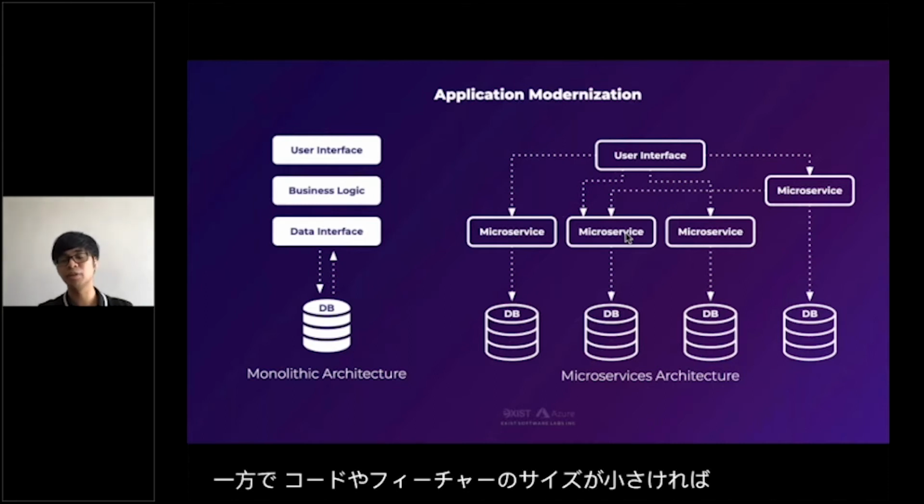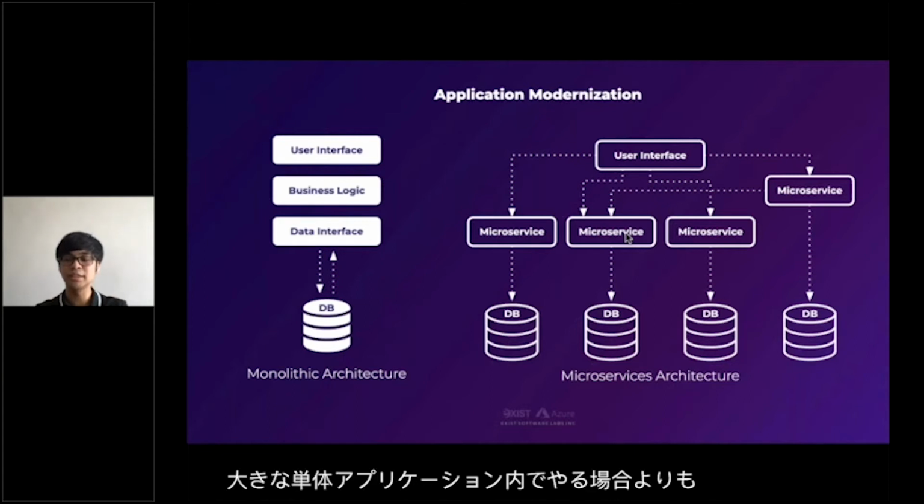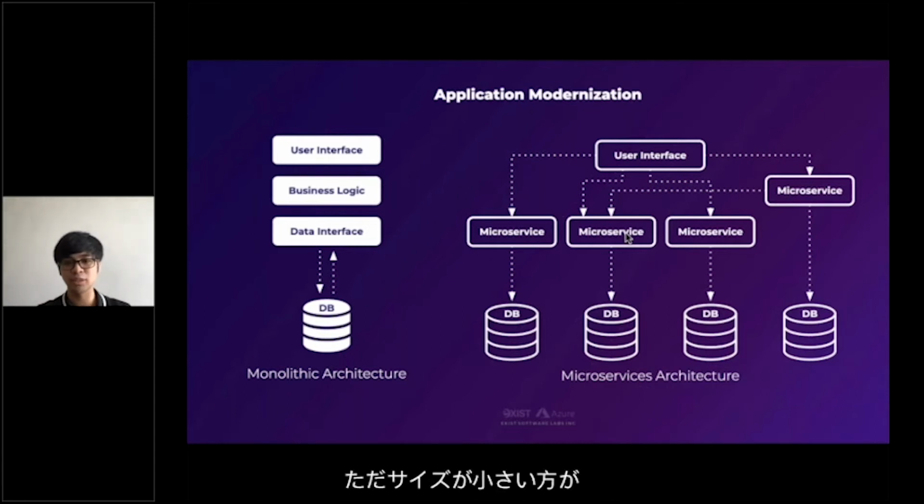Whereas if you have a smaller piece of code, a smaller piece of features, and a smaller set of individuals who would be participating on this feature, then definitely you can ship this way more faster than having it on a monolithic application. So it's not to say that we cannot do DevOps on a monolithic architecture, but it would be more efficient for us to deploy applications if they are smaller in size.